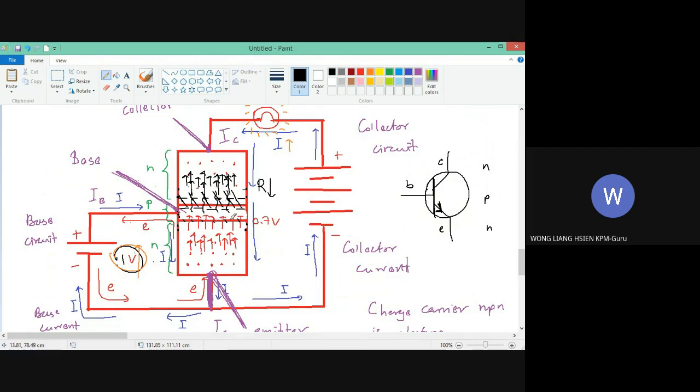That is why we want to make the center layer thin, so that it easily fills up with charge carriers. When filled up with charge carriers, then the charge carriers can be attracted and pass through to the other side, pass through the layer. Okay, understand? So if this center layer is too thick, then it's difficult to fill up with charge carriers.